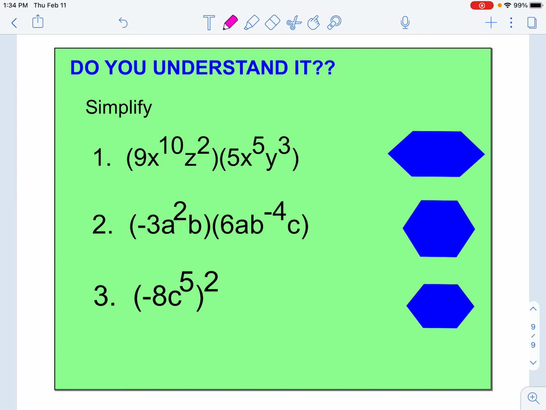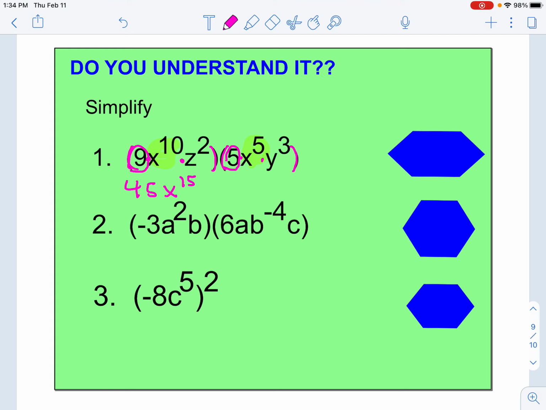So, let's have you try number 1. In question number 1, none of the parentheses here are raised to a power, so all we're doing is multiplying all of these together. When I multiply the 9 times the 5, I get 45. When I multiply x to the 10th and x to the 5th, that gives me x to the 10 plus 5, or x to the 15th.